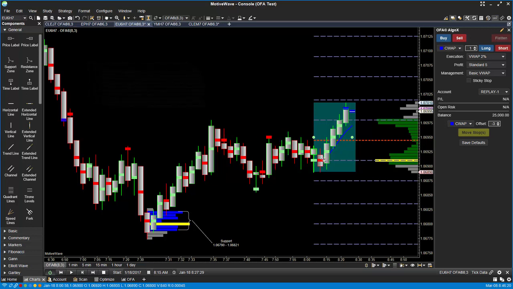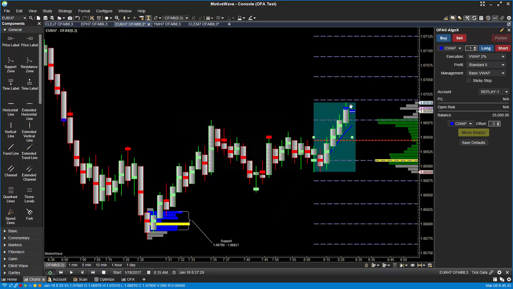It's not until here that we begin a solid directional move in one direction without crossing the volume weighted average price, breaking out of the consolidation. So this is my event that I want to start tracking, not any other place on the chart. And I'm sorry to spend so much time on that, but that seems to be the number one question that I get more than anything else.